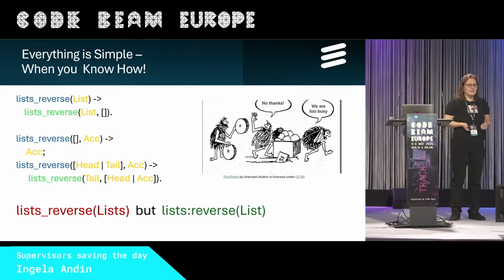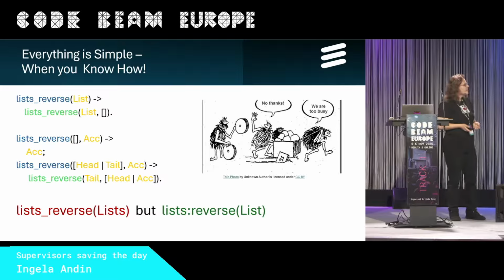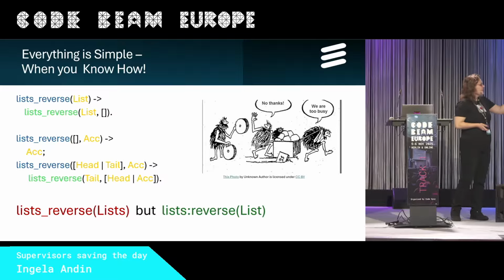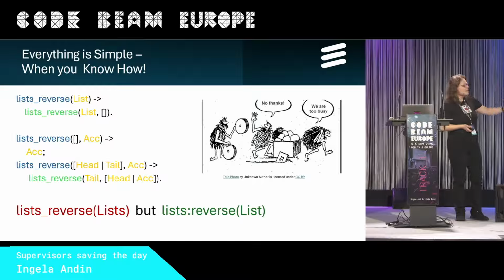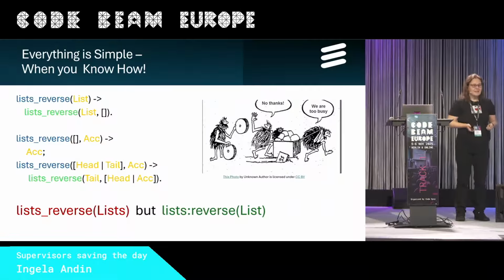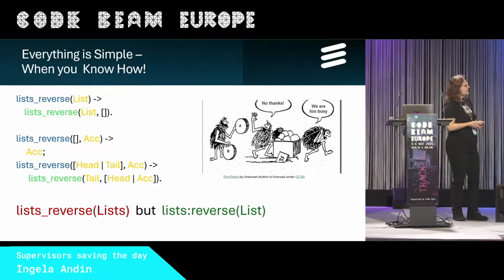You want to concentrate on solving your problem, right? And also there's other reasons to use our list reverse library, like you might gain optimizations that we have done, and you also get less code to maintain yourself.